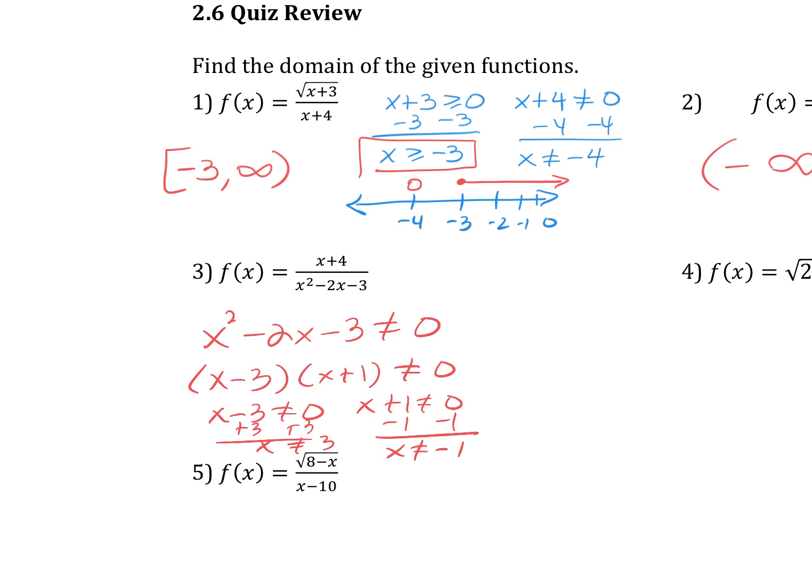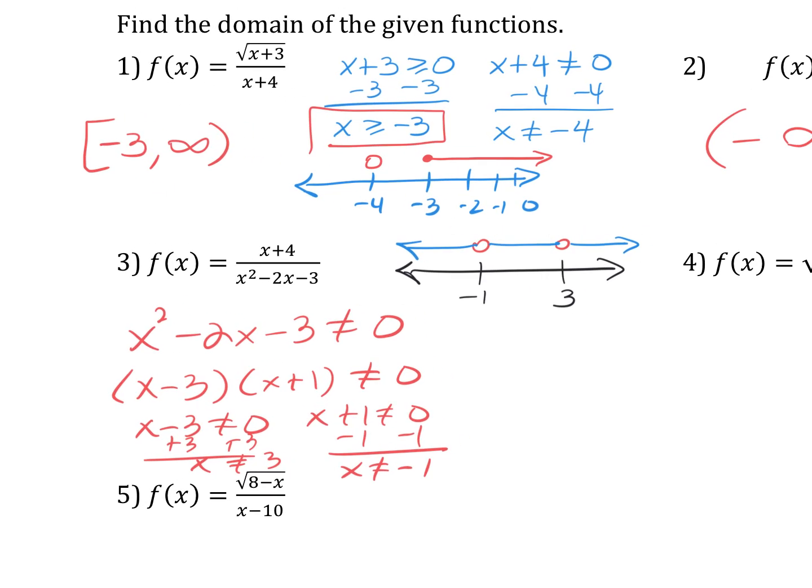So again, if it helps you to see the number line, put negative 1 and positive 3 here. So open circles here, but then it's everything else. So where those open circles are, that's where my U's are going to go. So again, my graph has negative infinity here, positive infinity here.